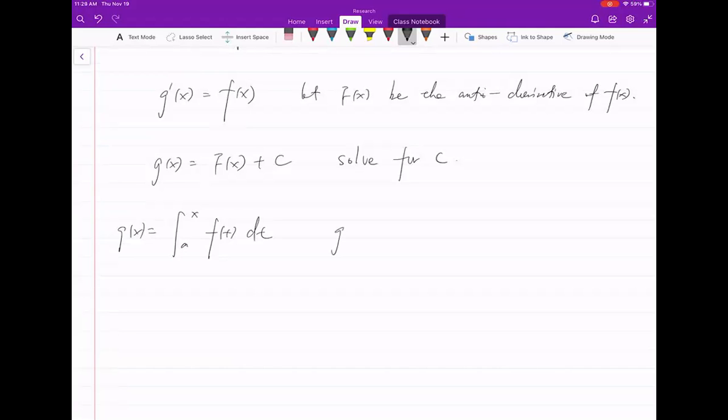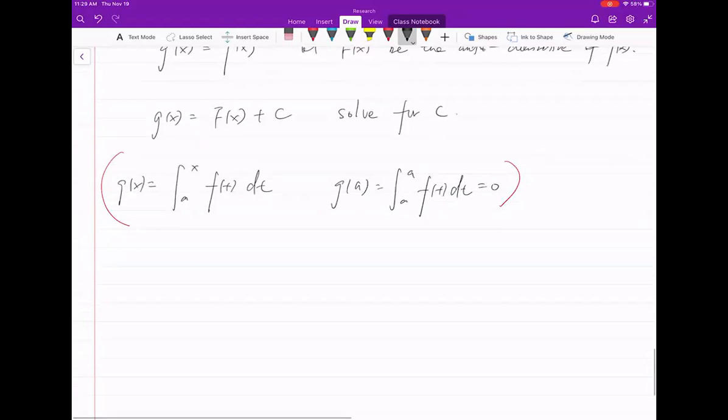What is g(a)? Right? What is the area from a to a? 0. By looking at the way we define it, we actually know g(a) equals 0. Can nothing help us to solve C? Of course.